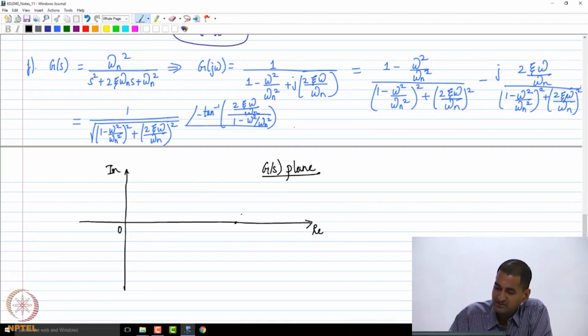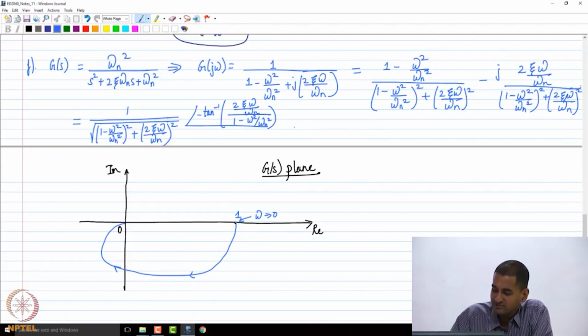You will observe that all curves are going to start at 1 when omega tends to 0. And the Nyquist plot takes this shape, and then comes like this and ends like this. That's what happens for a second order system.